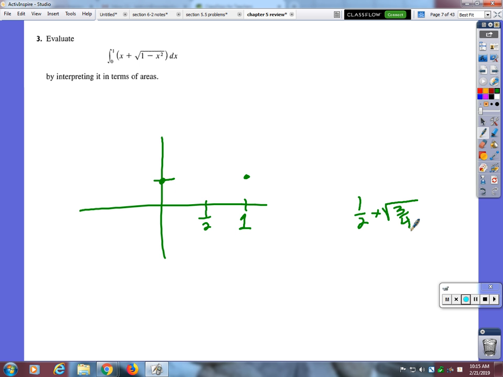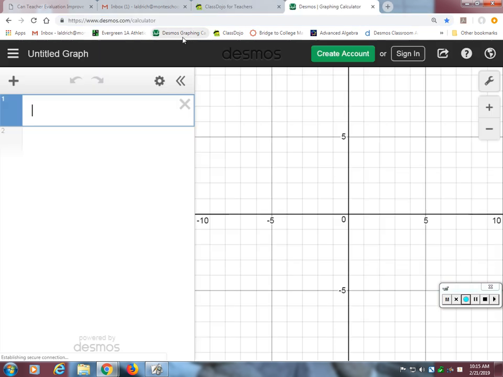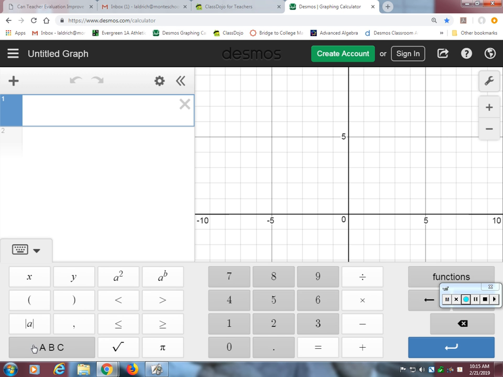I probably wouldn't give you one like this, because this isn't a shape that we know. I was hoping it was going to be a semicircle on top of a rectangle. But that would be if this was like 1 plus square root of 1 minus... So that graph, if we went to Desmos, would be x plus square root of 1 minus x squared.